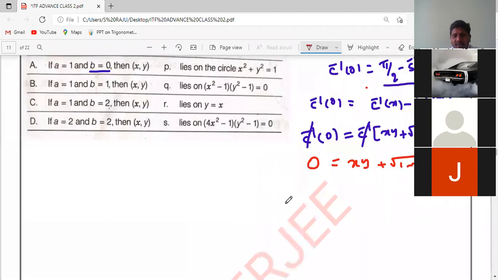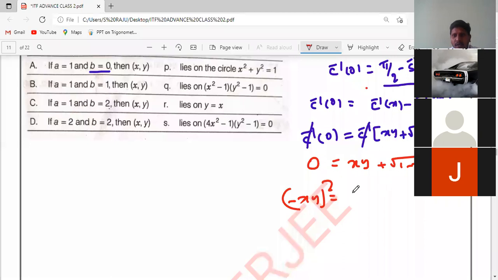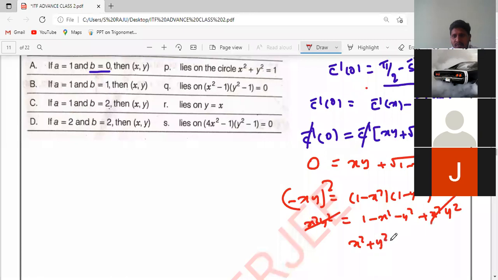Here xy you can take left side, minus xy is equal to that root term. Squaring on both sides, x square y square is equal to 1 minus x square minus y square plus x square y square. Am I right? Now get cancelled. What is the equation you got? X square plus y square is equal to 1.